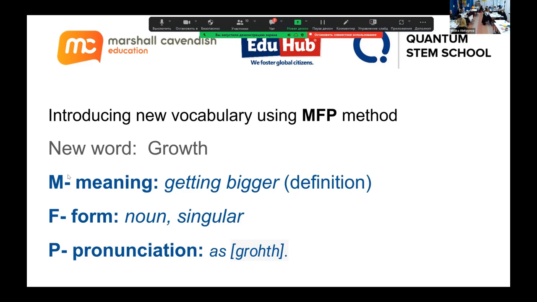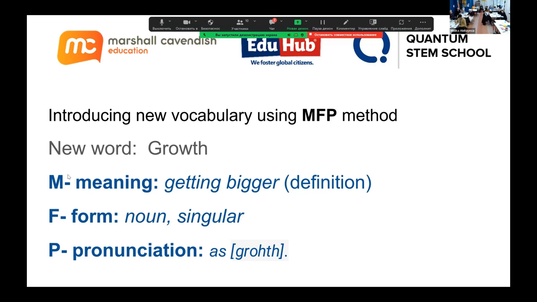For example, here is the new word, it's growth, which means getting bigger. It can be the definition, as I said. Noun singular, and the pronunciation as growth. You don't have to give them this transcript as in English classes, but you can just change it with similar phrases like growth, like in here.